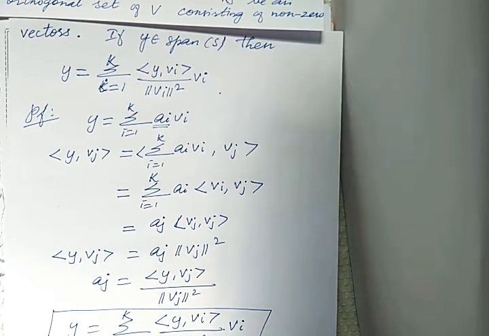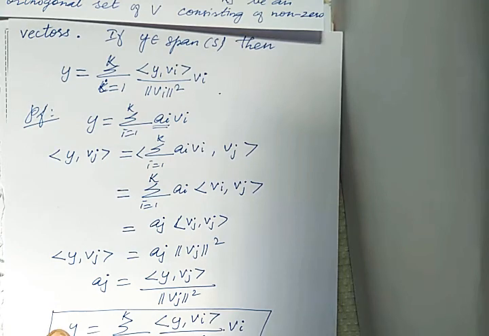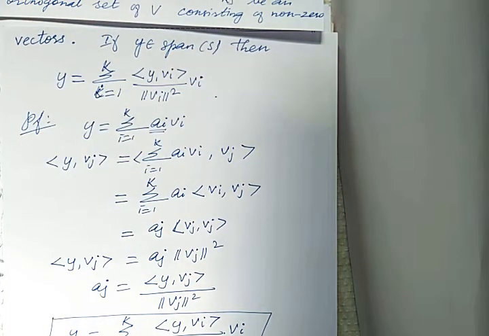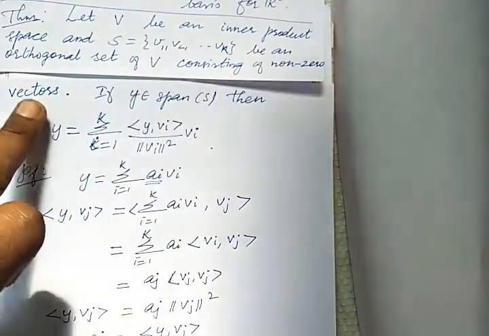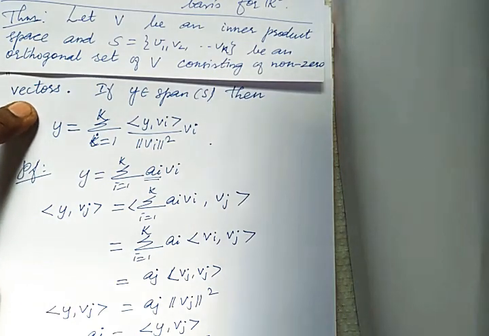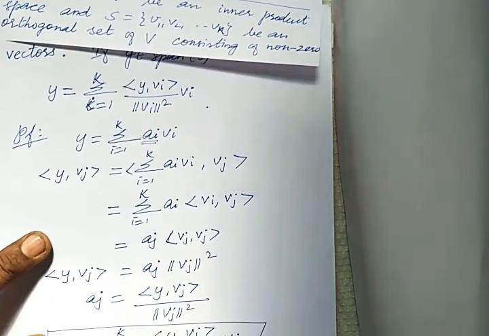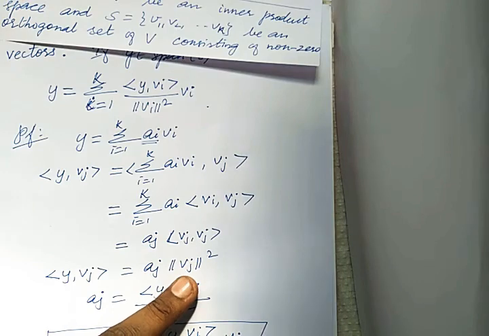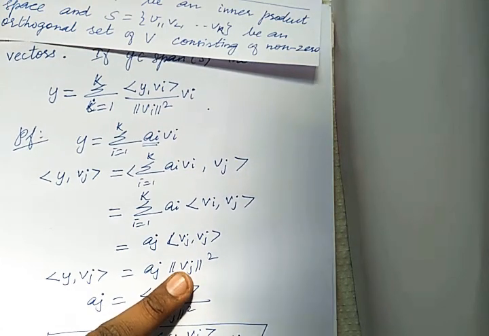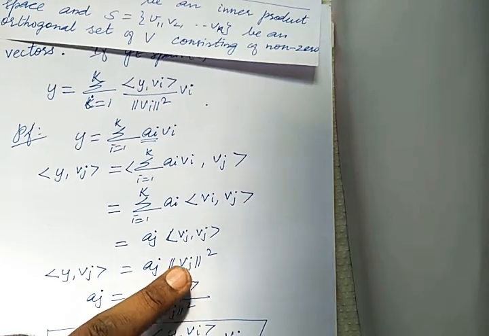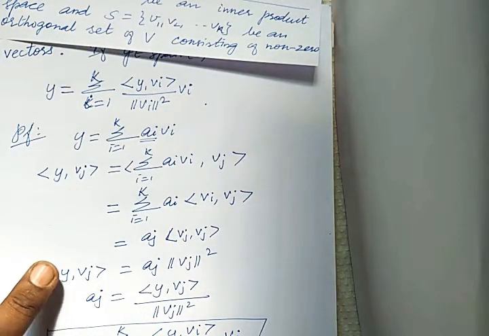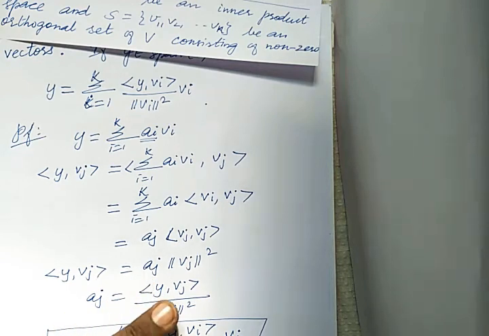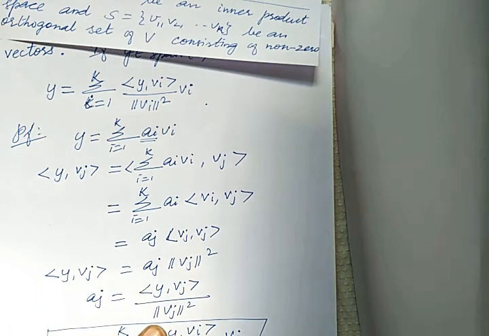Okay, one simple question: why are non-zero vectors given? Because here norm vj squared is non-zero for all vj. Hence we can find aj by dividing on both sides.